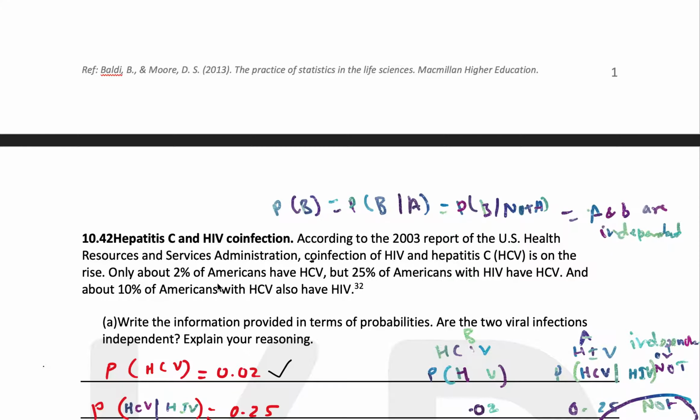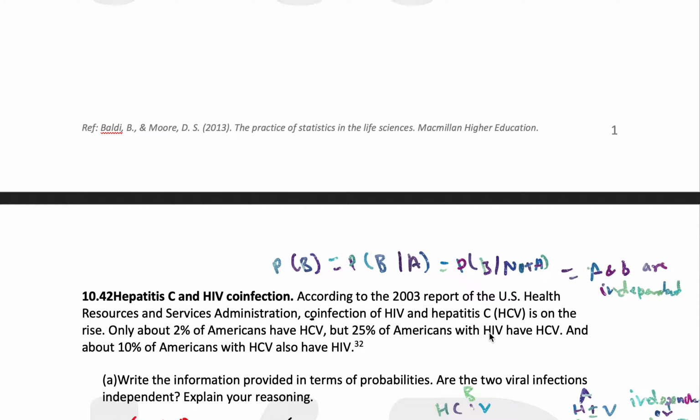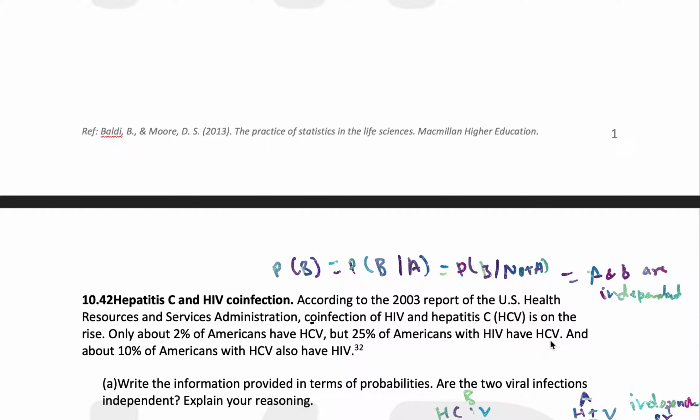Only about 2% of Americans have HCV, but 25% of Americans with HIV have HCV, and about 10% of Americans with HCV also have HIV. So a question stem like this will be given to you sometimes, and then you might have to derive some of the probabilities.